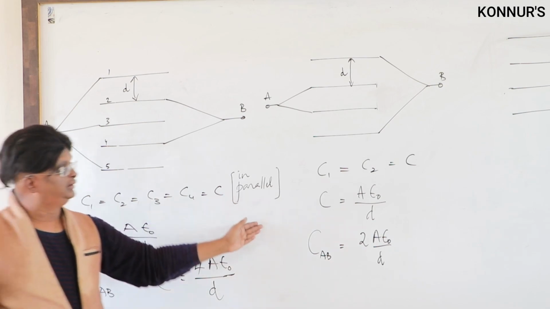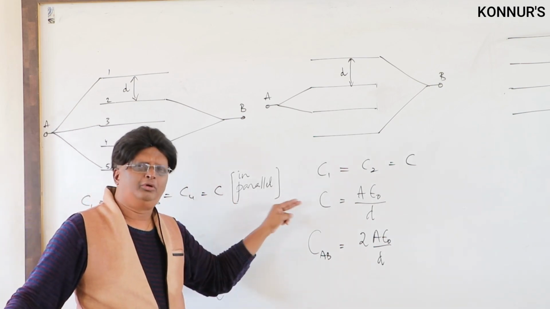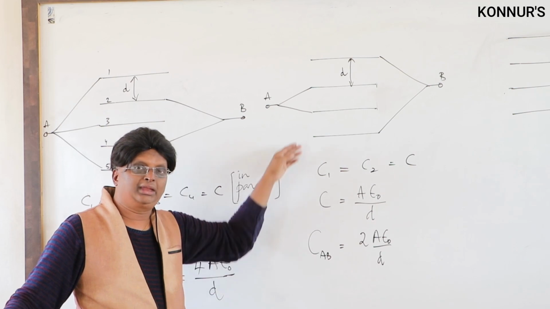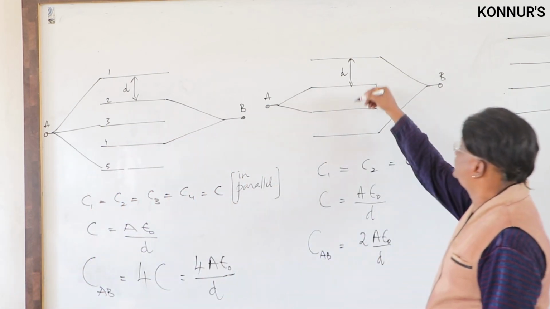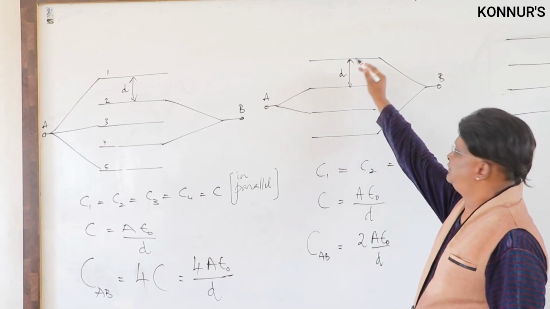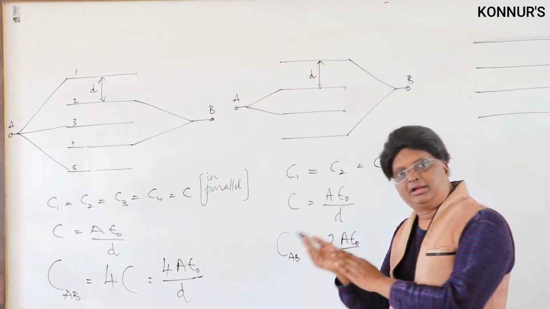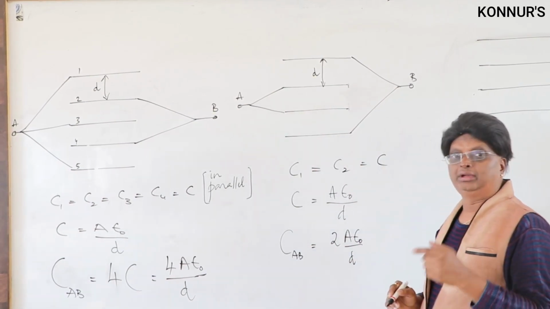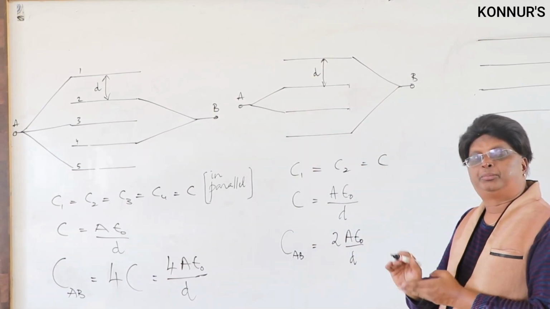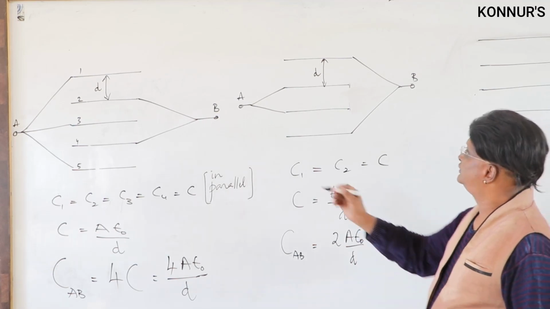Now here you will find the same type, but with a small difference I am showing. Here I have shown 4 plates with the same cross section, same surface area capital A, and the separation between the plates is D. Here, the way it is connected to the potential points is different.